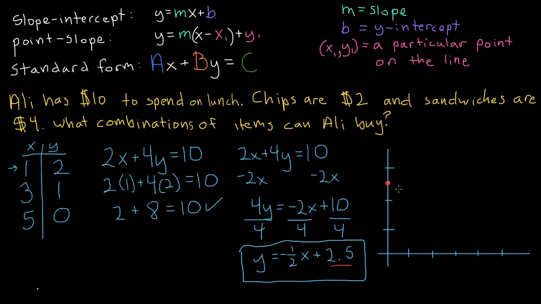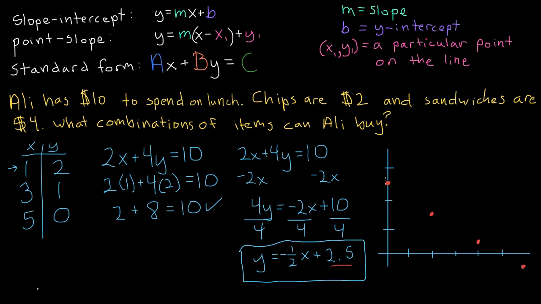And so for every step down I take, I'm going to take 2 steps over. So if I go down 1 and over 2, that's going to be my next point right there. And then if I go down 1 again and over 2, that will be another point. And then finally, if I go down 1 again and over 2, it'll be about right there.